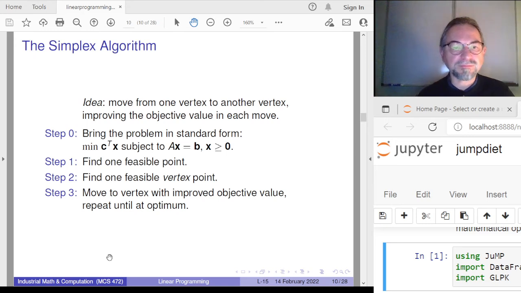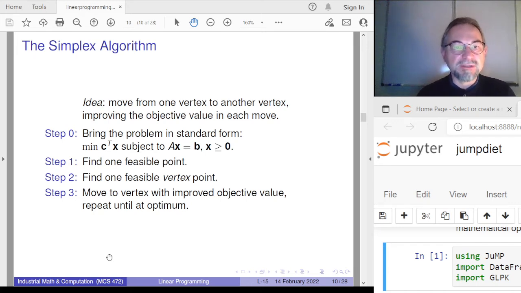So (0, 0) is often a trivial vertex point if it's feasible, and then the main step, step 3, is to improve the objective value by going to a neighboring vertex point. So the vertex points are connected. We go to a neighboring point with a higher objective value.